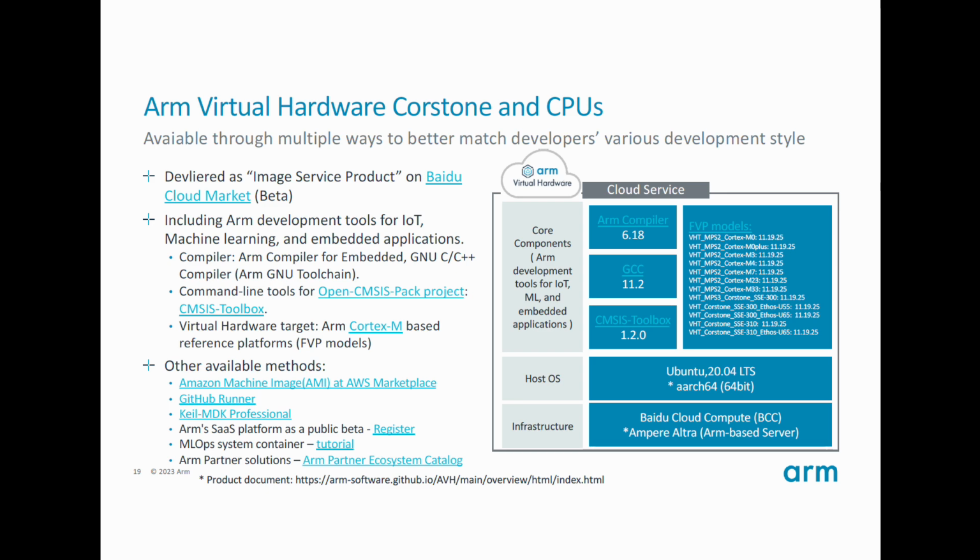This is maybe the standard offering we have, but if you want to try virtual hardware, besides the cloud image in Baidu Cloud, you have multiple ways. You can try it through GitHub Runner, and you can also try it through our MLOps partners like Nota's Nespresso.